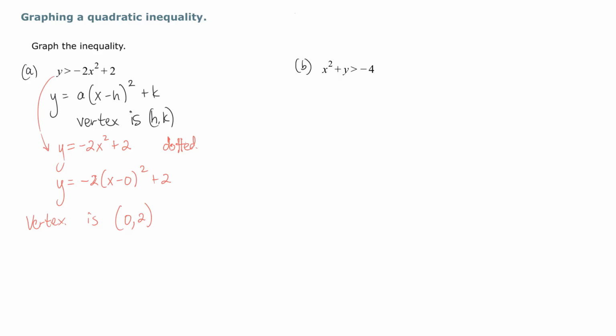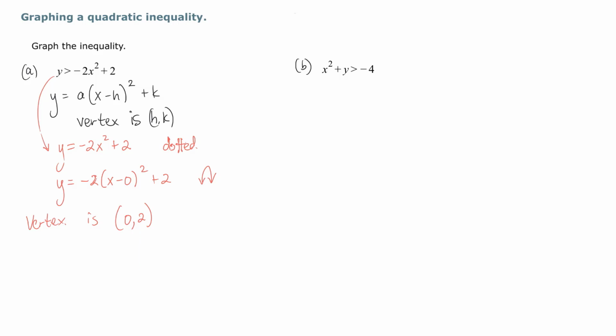We also know that this parabola is opening down because there's a negative symbol in front of that 2 there. Let me point to it. This negative symbol here. And so this is actually going to indicate that this parabola is going to point downward, and you're going to have a maximum that is symbolized by the y value of the vertex.